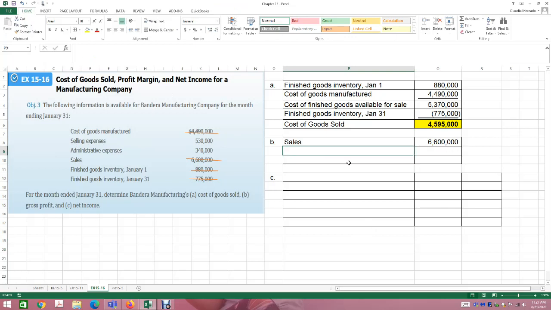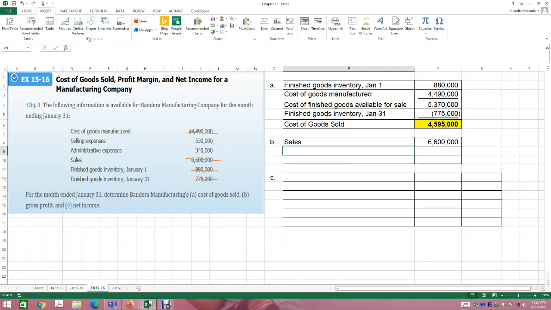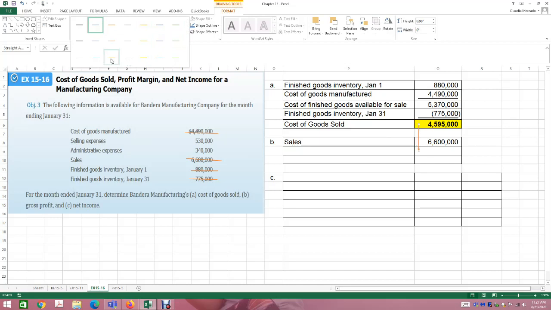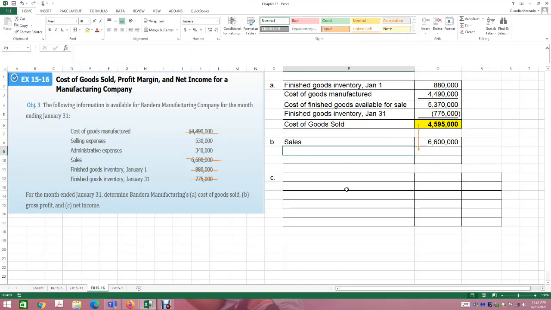So we sold our goods for $6.6 million. How much did we spend manufacturing those goods? Well, that was calculated when we calculated our cost of goods sold. So I'm going to put a little arrow down right here, and that number is going to go over here. So we're going to subtract our cost of goods sold.